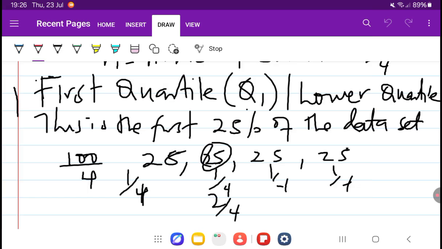Then this one will be 1 over 4 plus 1 over 4 plus 1 over 4, that is 3 over 4. You just add the numerator; the denominator, you just leave it. Now this one will be 4 out of 4, which is a 1.